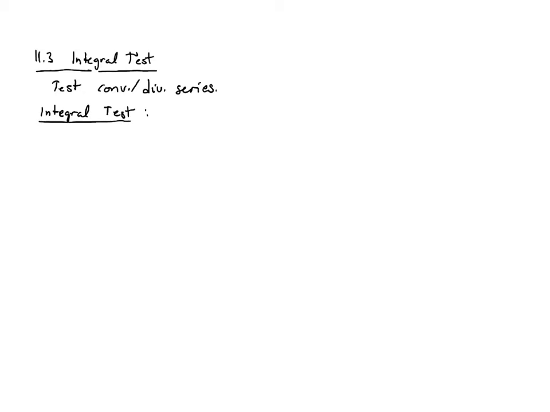So the basic idea is that we want to have a series where the terms of the series are given by a nice function. So we have to start with a function f of x that's continuous, positive, and it should be decreasing on some infinite interval.